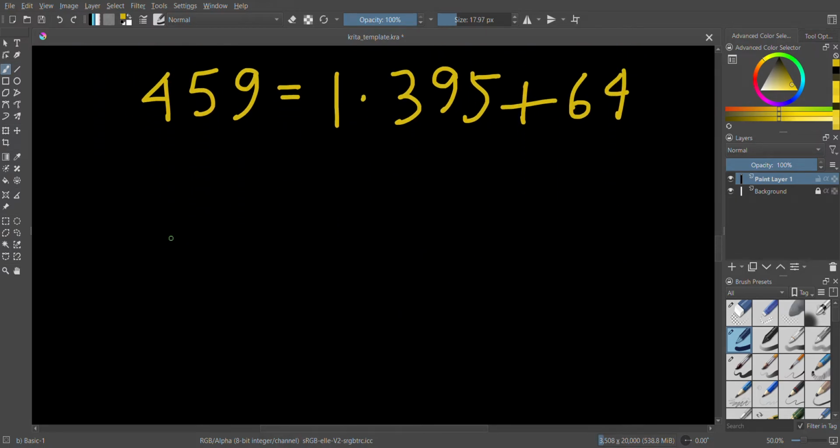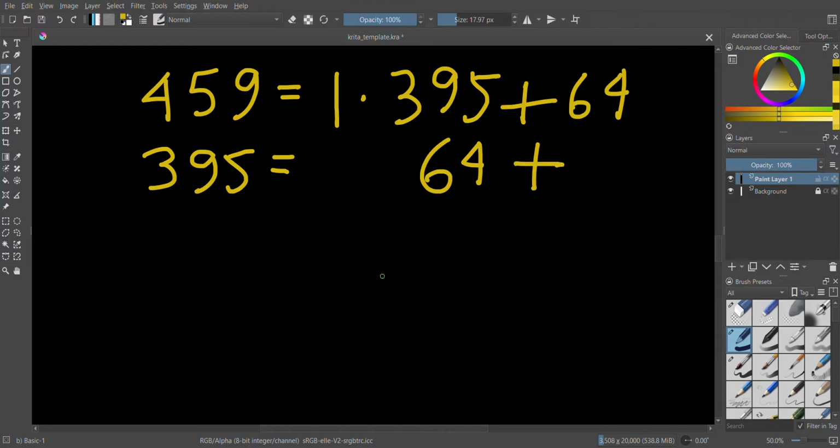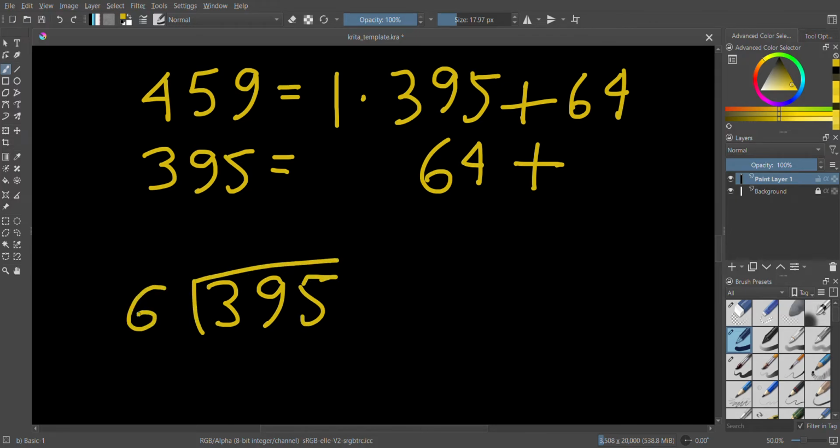So then now we take 395 and we divide it by 64 with a remainder. 395 divided by 64 is really, I think it's 6. Let's try 6.